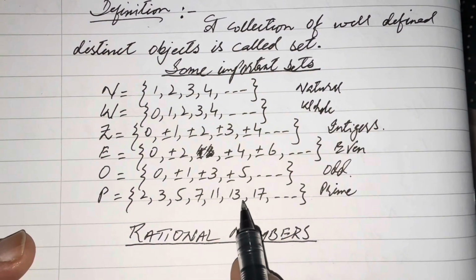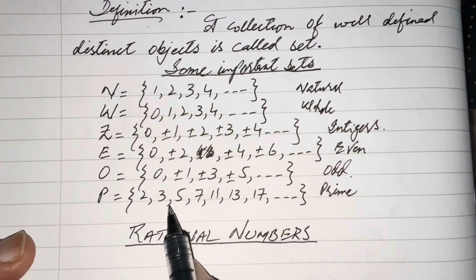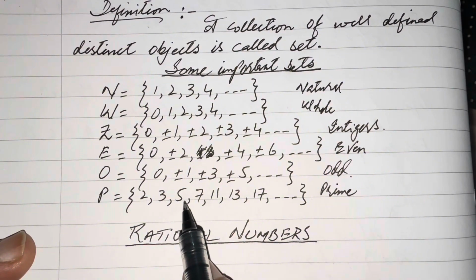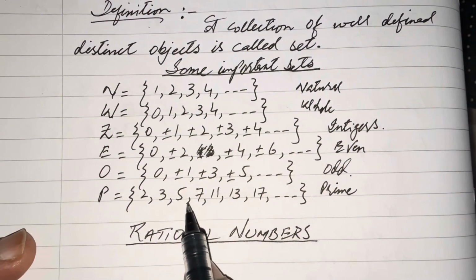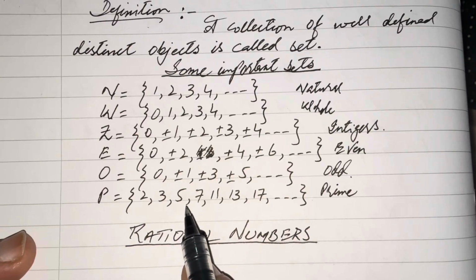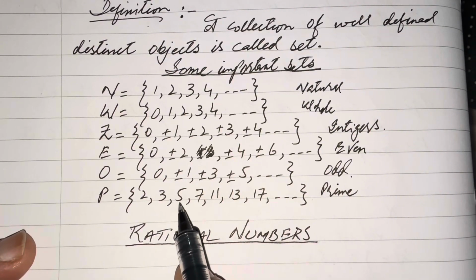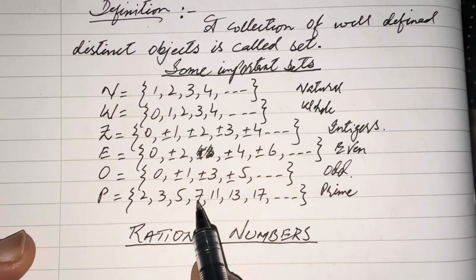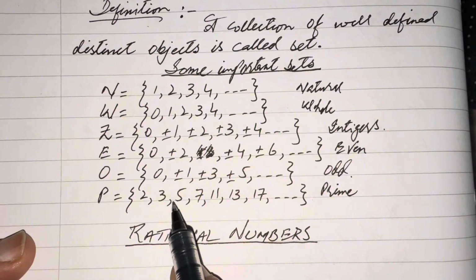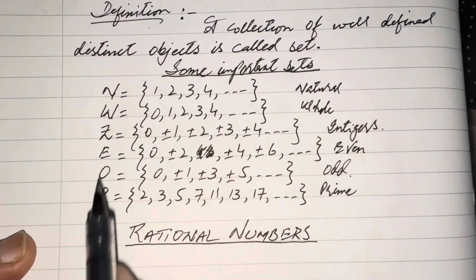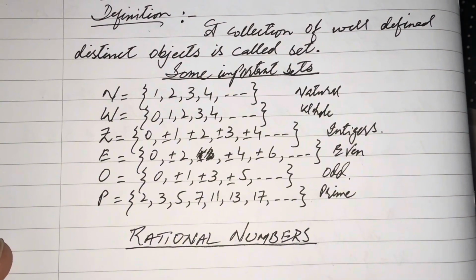In simple words, prime numbers are those numbers which can be divided by exactly 2 numbers: 1 and the number itself. So these are some important sets that we have learned about.